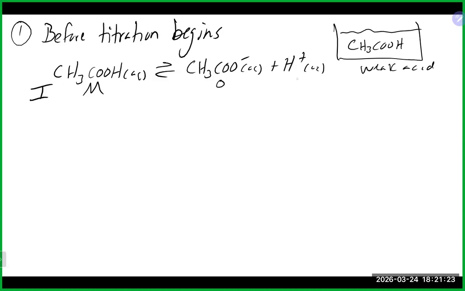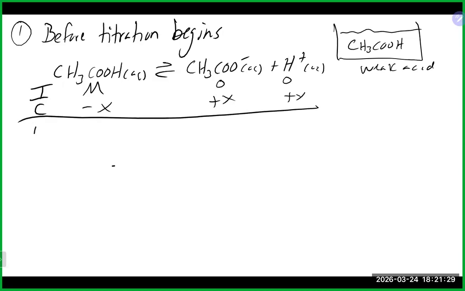This is going to be a regular old, good old fashioned zeros and some X's throwback type of table here. And do our molarity minus X, X, and X. Obviously, this is going to go into our Ka expression.